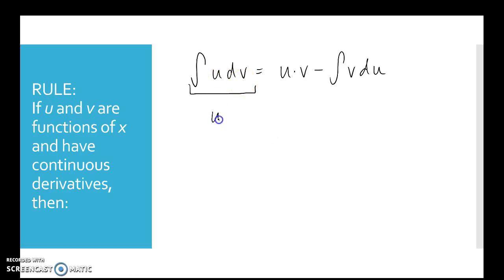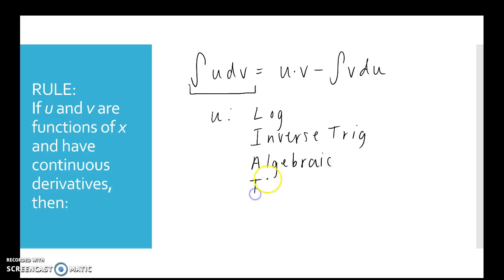So there's a little rule for picking u in this order. Logarithmic functions, inverse trig functions, algebraic functions, trig functions, and then exponential functions.